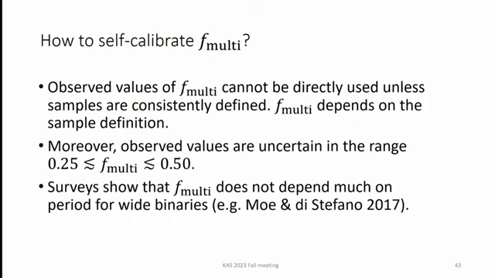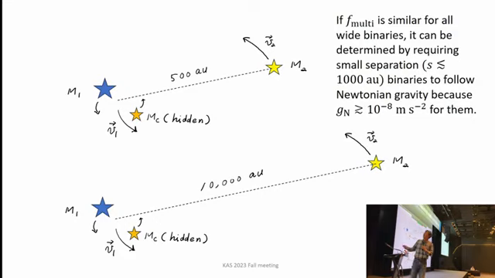So how to self-calibrate this F multi parameter? The basic idea is that if this parameter is similar for all binaries, as observations indicate, then it can be determined by requiring small separation binaries to follow Newtonian gravity.